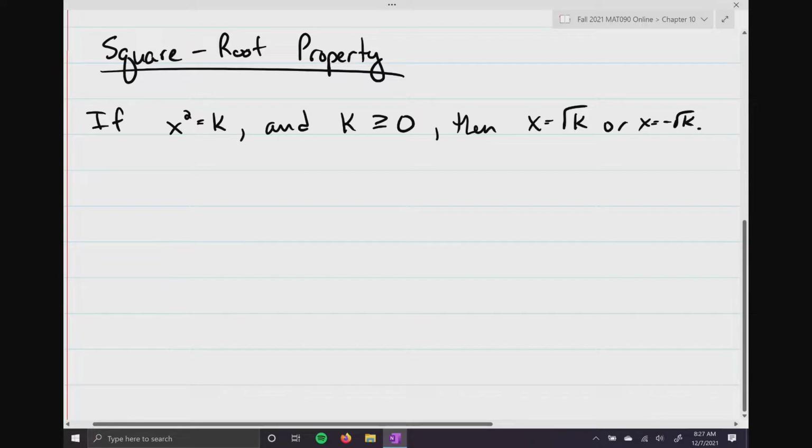See, the problem is students tend to study math by just replicating problems without understanding why they're doing it. This property is why we do something. So let me show you what I mean directly underneath.